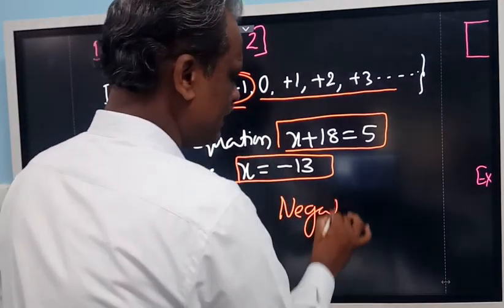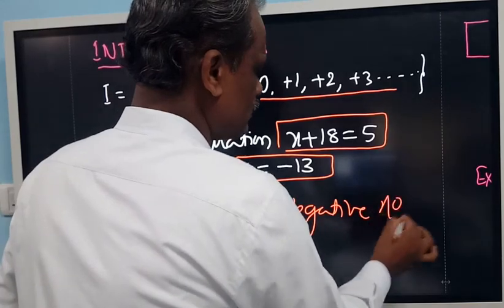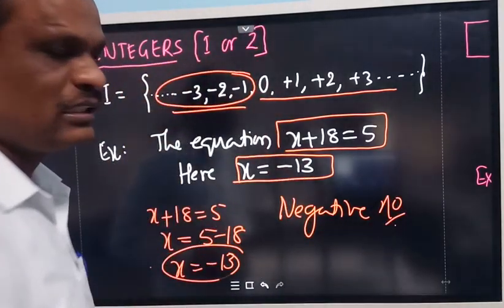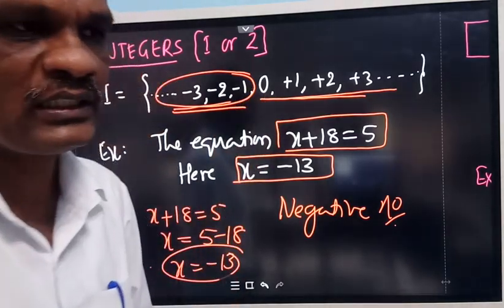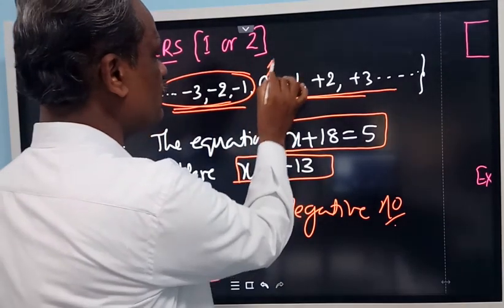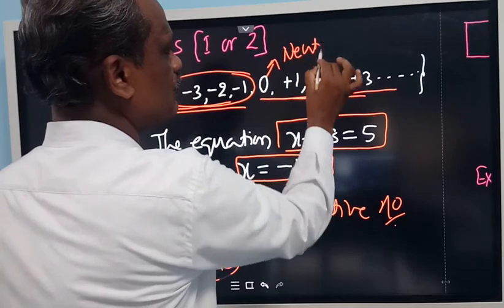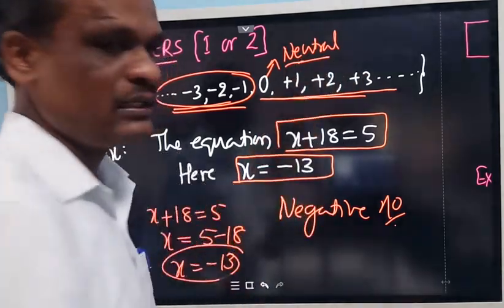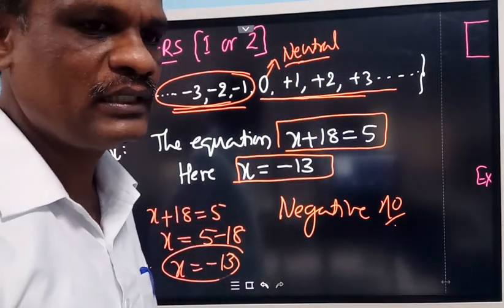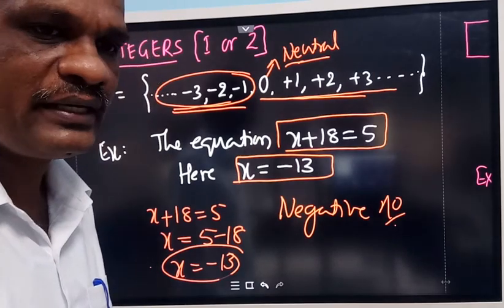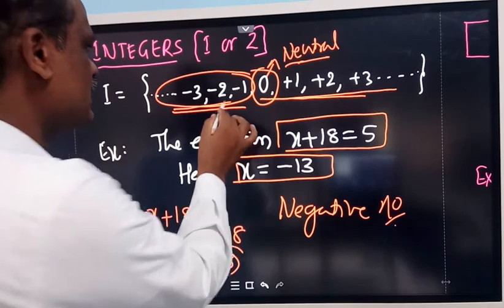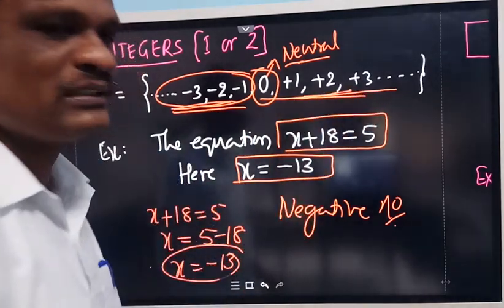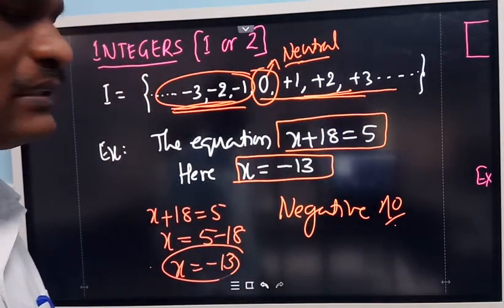An integer is a set of all positive numbers, negative numbers, including 0, where 0 is a neutral number. It is neither positive nor negative. It is not at all positive, it is not at all negative. So this neutral number, negative numbers and positive numbers, this set we call integers.